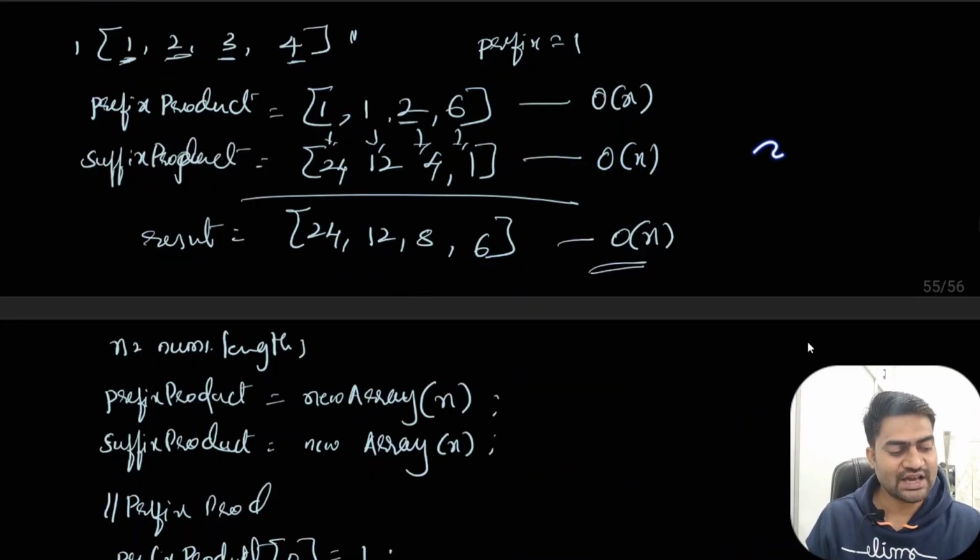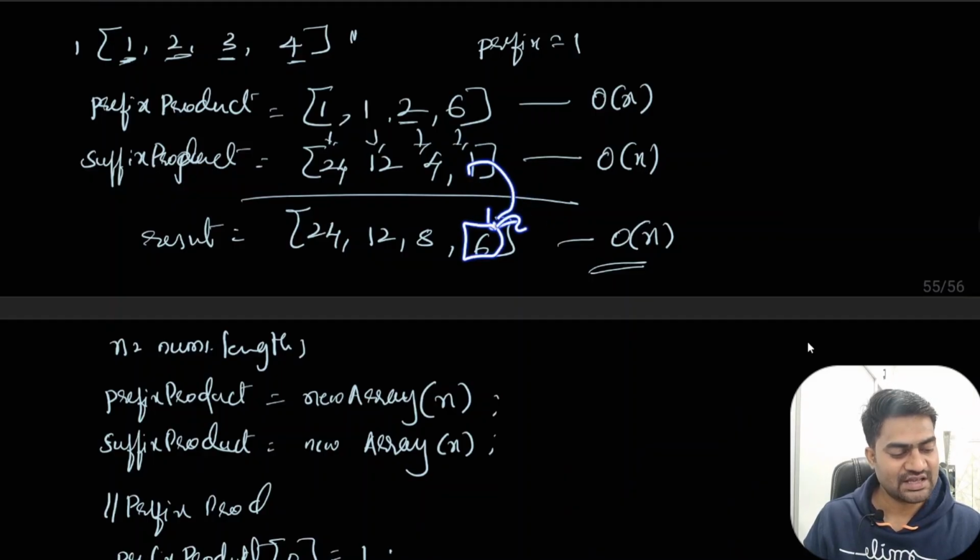So currently we are doing 3 iterations, but we can do that in 2 iterations only. So simply first find the prefix product once and store that in our result array directly. We don't even need this prefix product array. Then you again start with the suffix product from the end, find this suffix product, and multiply with whatever number is here in the results array.